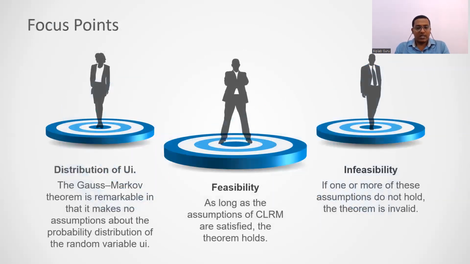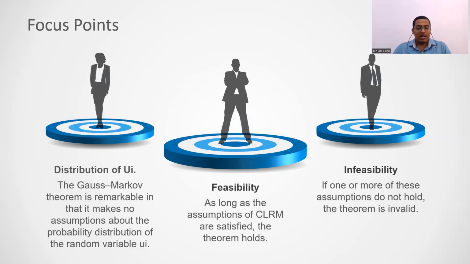The Gauss-Markov theorem is remarkable. Why is it remarkable? Because it makes no assumptions about, and doesn't put any restrictions on, the probability distribution of the random variable ui.